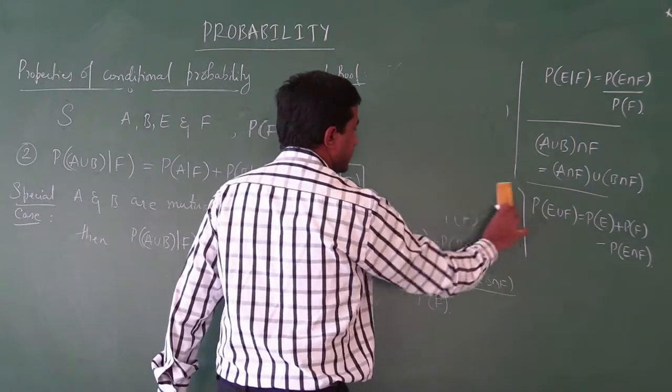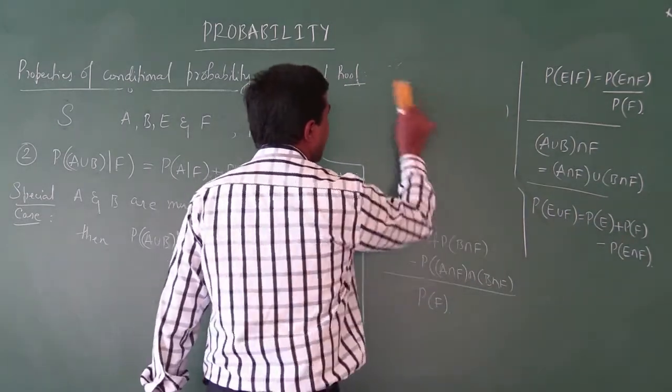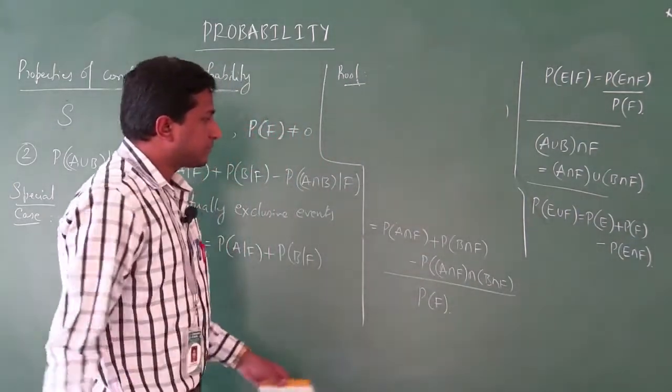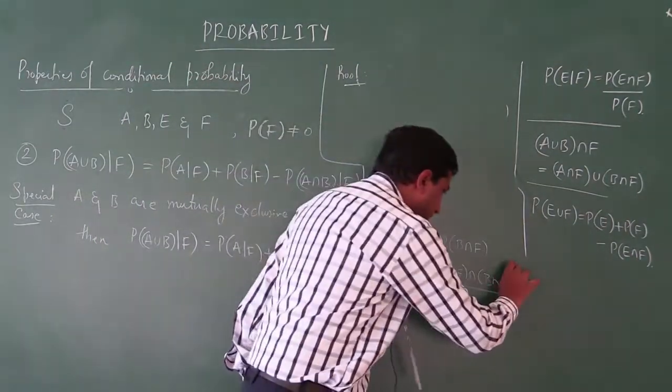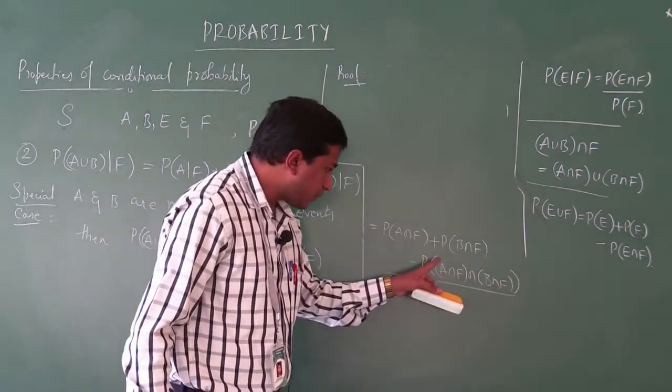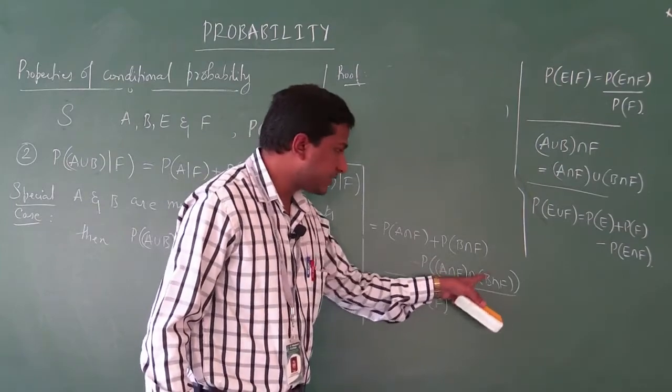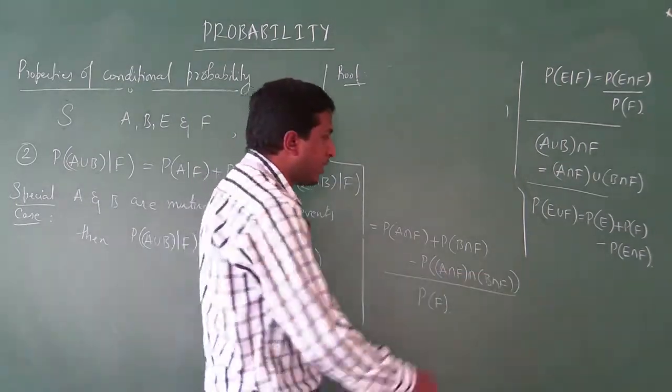Now look at this last term, P of (A intersection F) intersection (B intersection F). How can I write this?